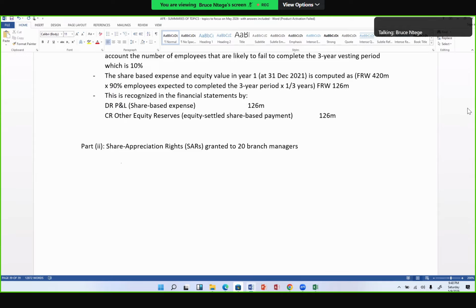Rights granted. Branch managers is a cash settled share-based payment arrangement.